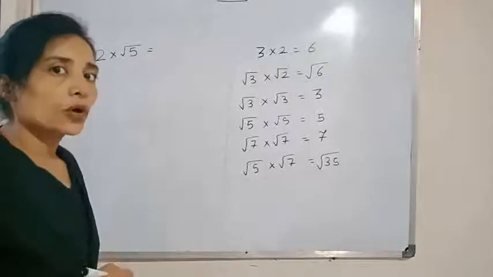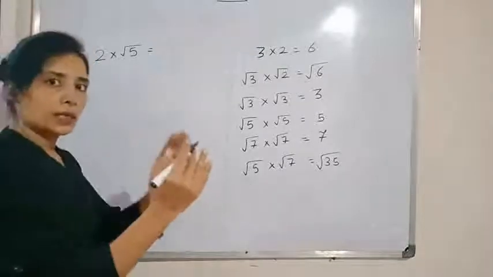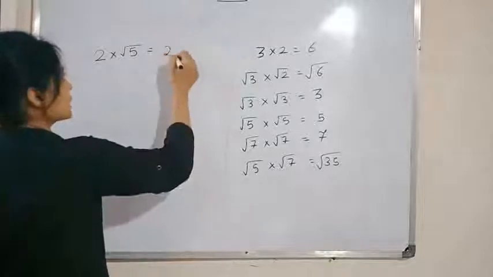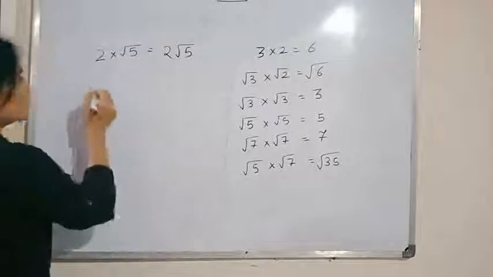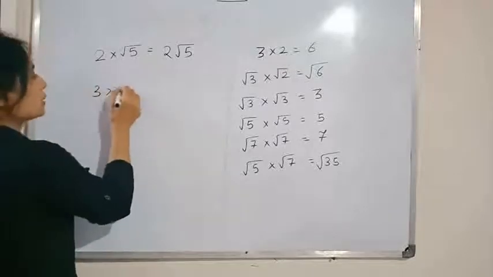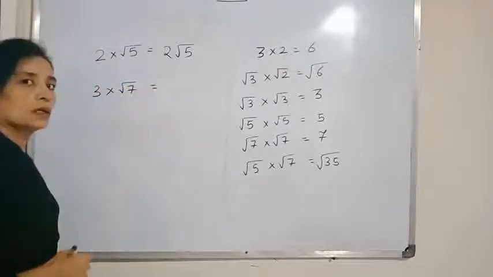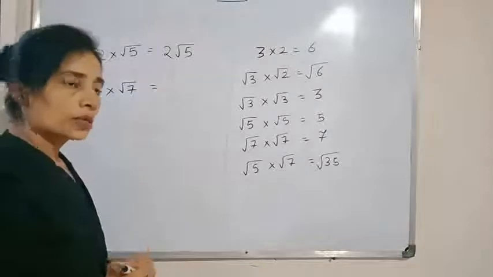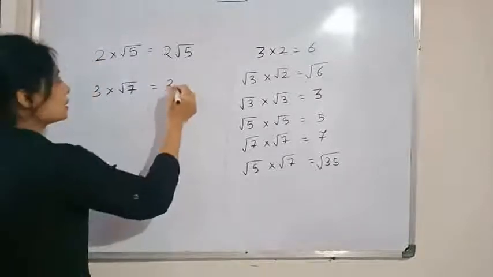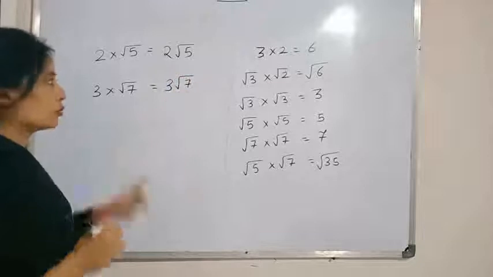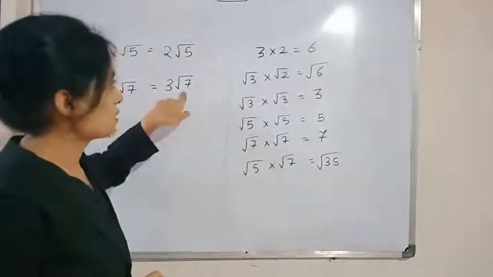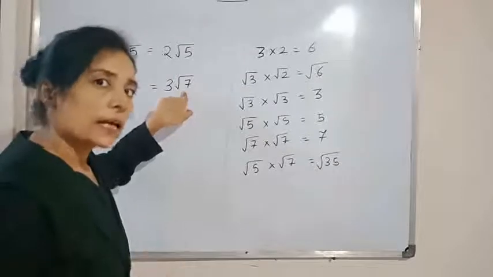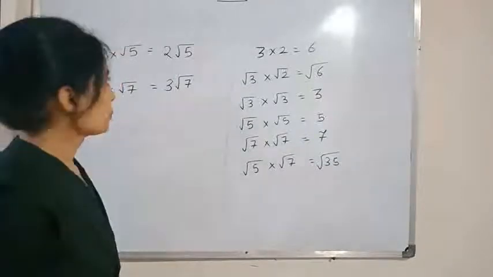In that case, we will join both the numbers and write them all together, that is 2 root 5. For example, if it is 3 into under root 7, then it will be 3 under root 7. Always write the whole number before, and the number which is in root, the irrational number, afterwards.